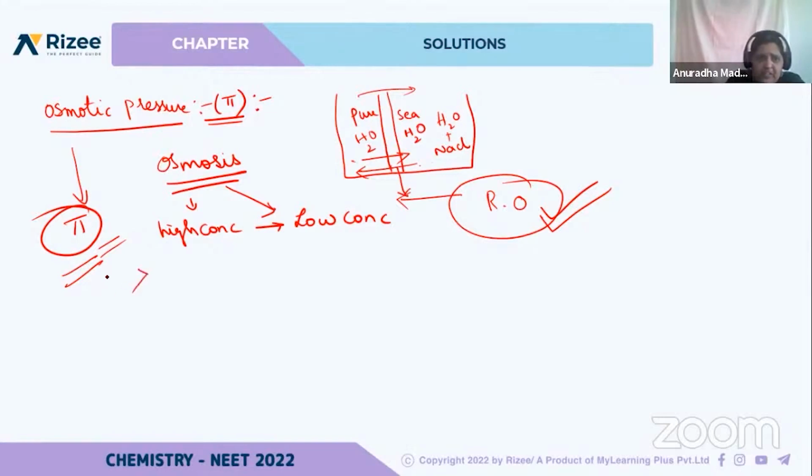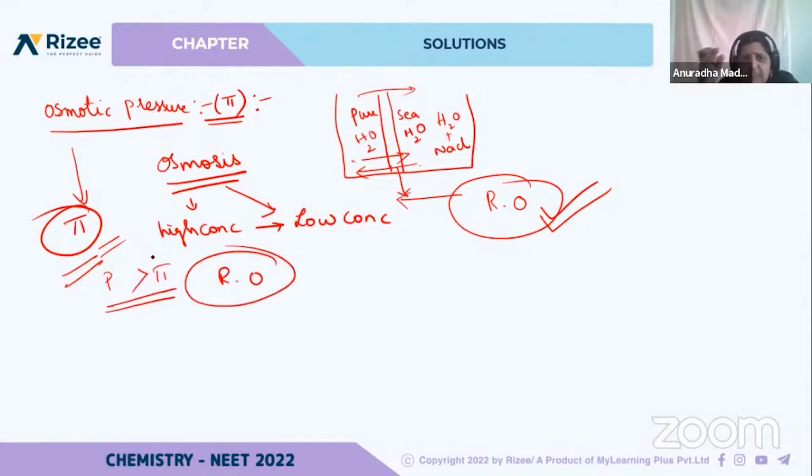Our purpose is only that: convert impure water to pure water. If we apply pi, then flow from higher concentration to lower concentration happens. If we apply pressure more than pi, then the flow of liquid from lower concentration to higher concentration can happen.